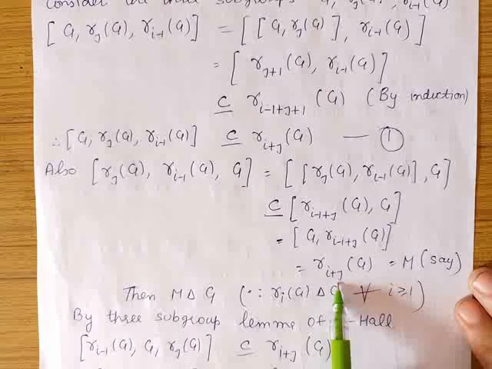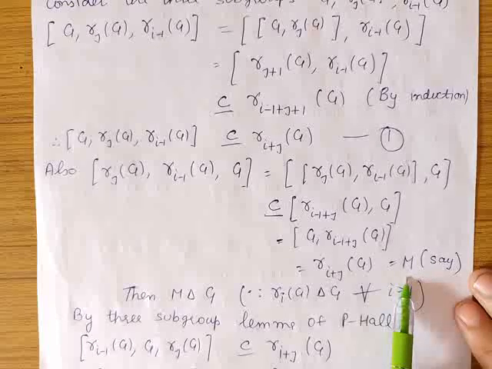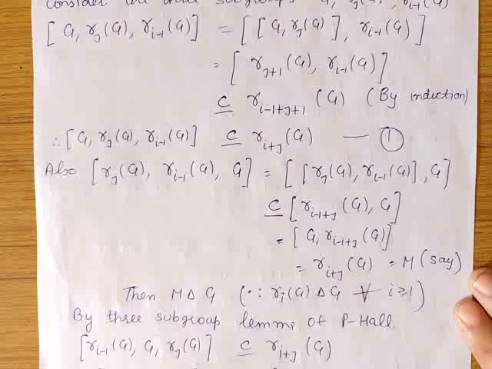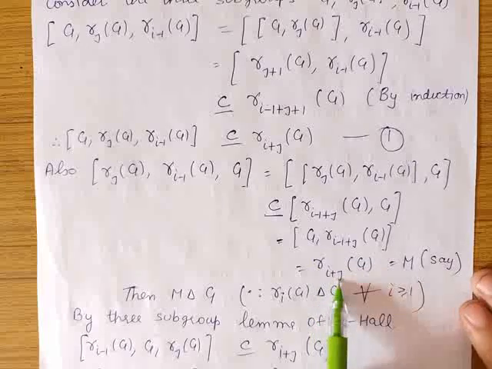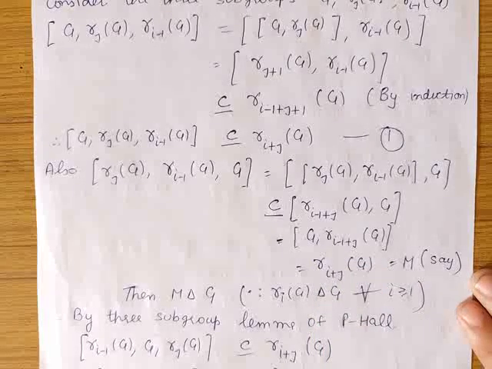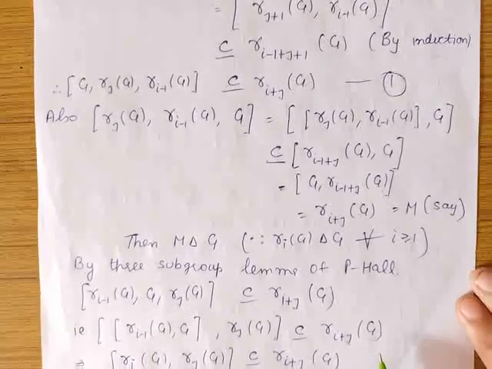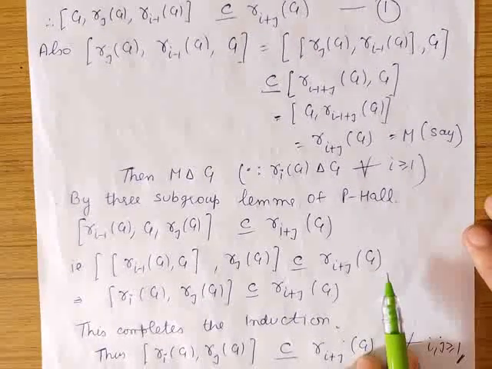Now let us denote this subgroup of G by M, because we already discussed that all the members of the lower central series are normal in G. So γ_{i+j} is a normal subgroup of G. Now we can apply the three subgroups lemma of P. Hall.